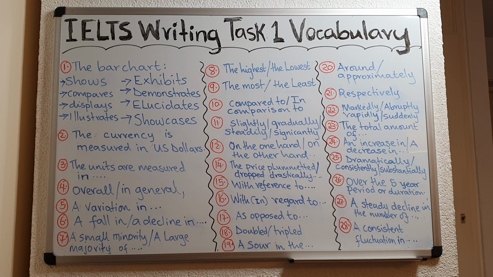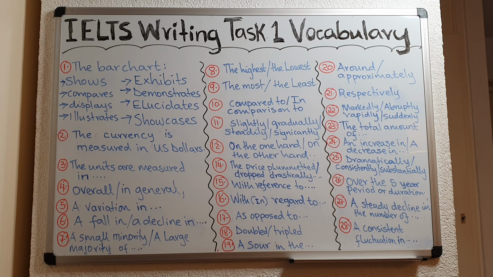Okay, let's say for example the original price was $1,000 and in 2 years the price is $50. So it has changed from $1,000 to $20. So the price has plummeted drastically. The price has dropped drastically. The price has changed drastically. Okay, the price has plummeted. It has gone down, it has dropped.